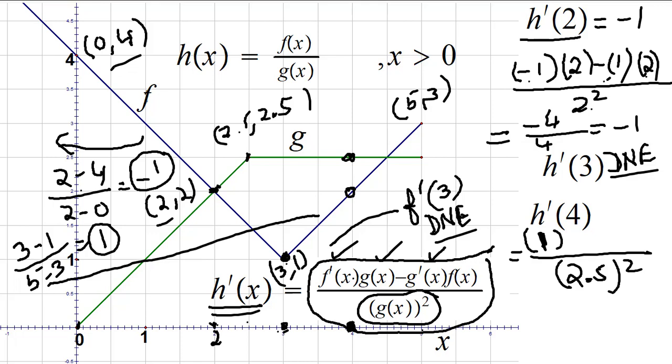And if you look at g at 4, that is simply 2.5, because this is just going horizontally in this segment. Then minus the derivative of g at 4, but you can see this line is horizontal, so that value will be 0.